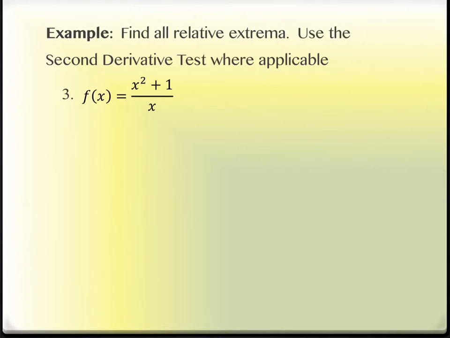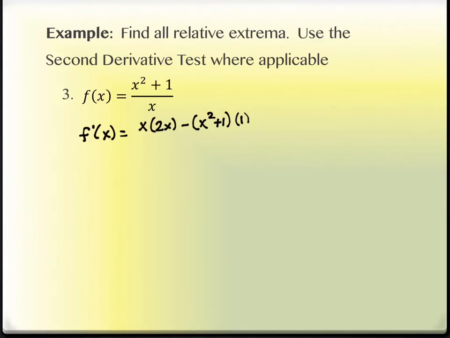So this is a quotient rule. For a quotient rule, we have the denominator times the derivative of the numerator minus the numerator times the derivative of the denominator. Got another error in my notes. That's good.